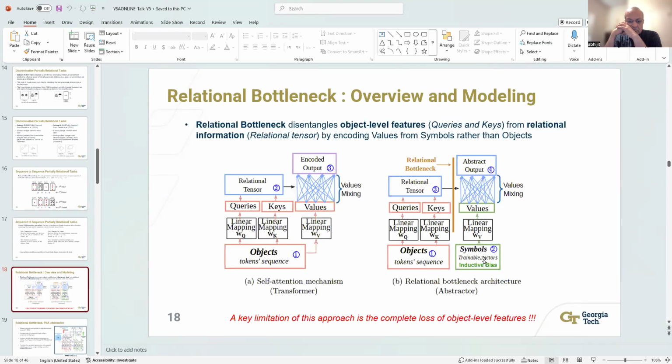Those symbols are trainable vectors, and the relational tensor is used to mix these encoded symbols to get an abstract output. The issue with this approach is that it loses the object level feature, as values are derived from independent symbols.